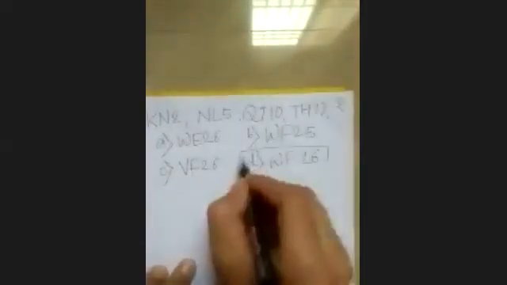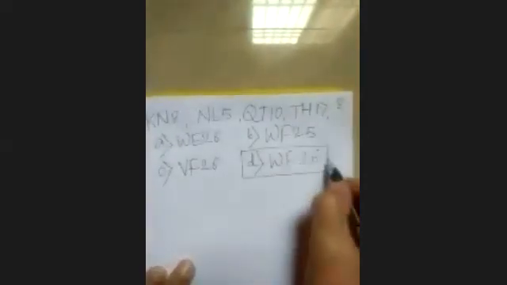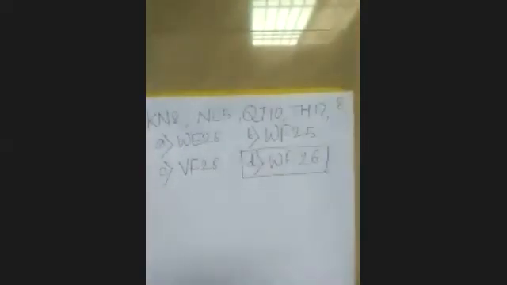I think someone has really rechecked. Okay, now everyone is clicking option D, WF26. So the answer is option D.